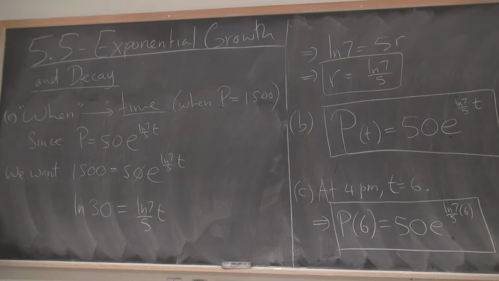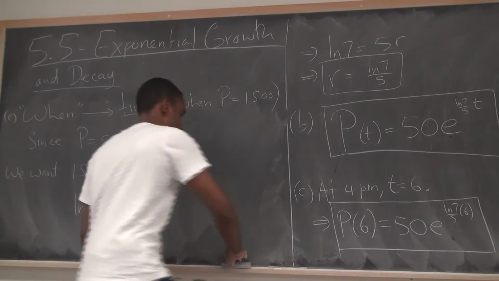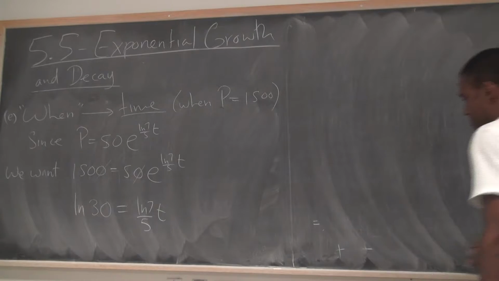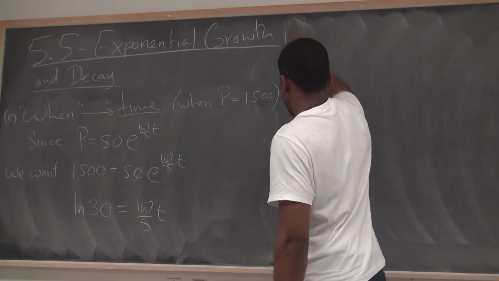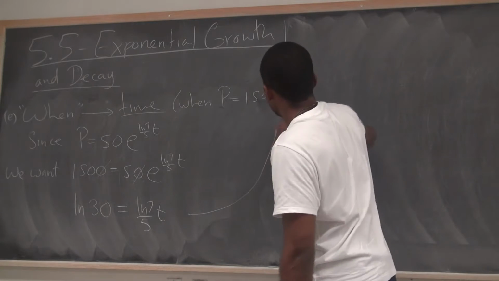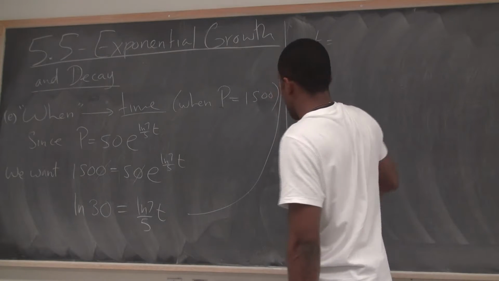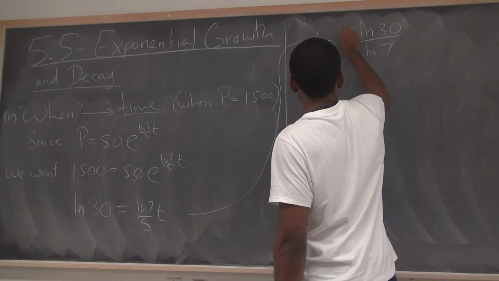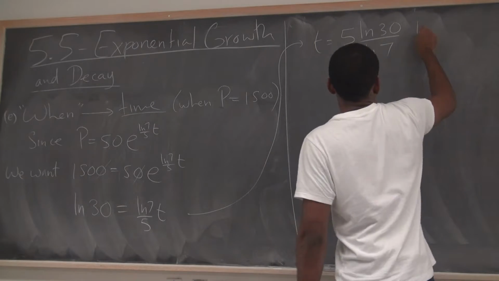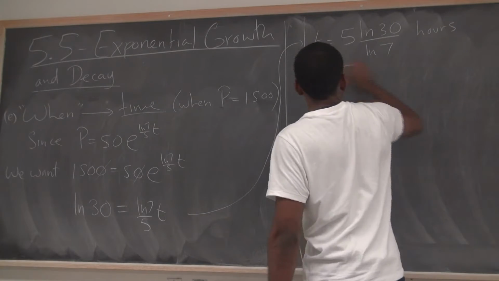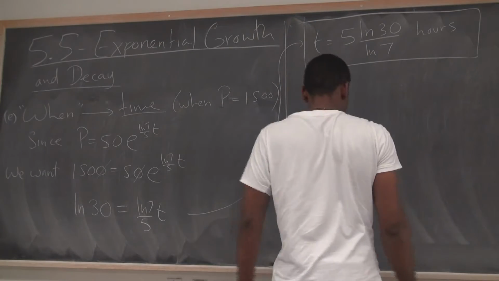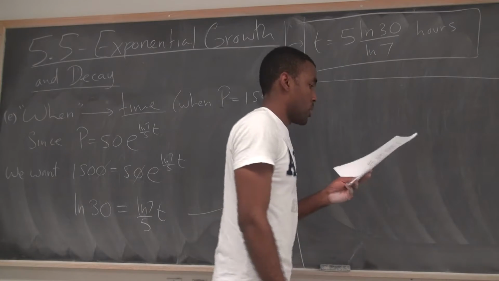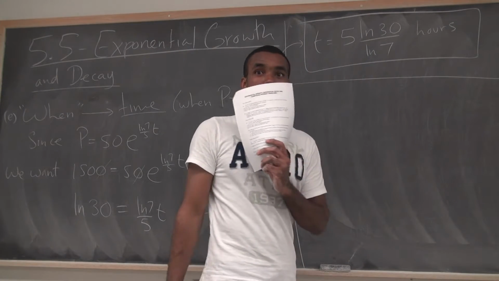So it ends up being, so this means T would be ln of 30 over ln of 7 times 5 hours. Whatever that is. Any questions?